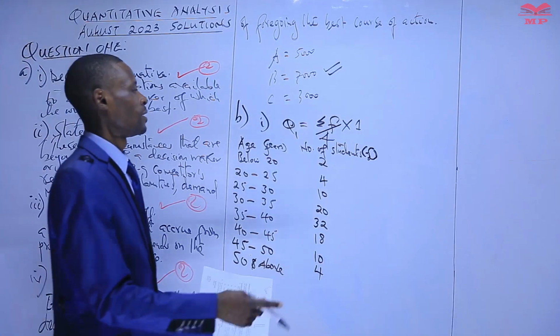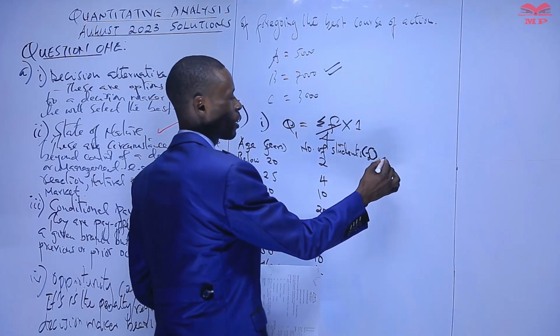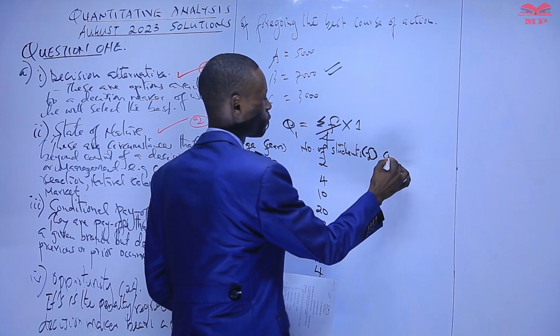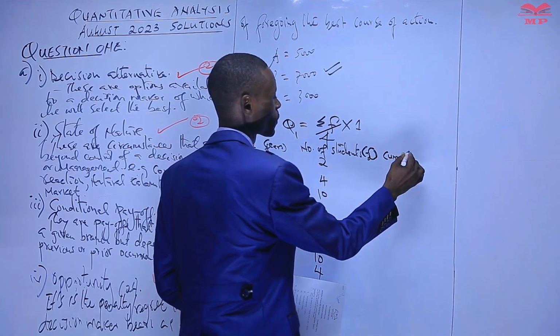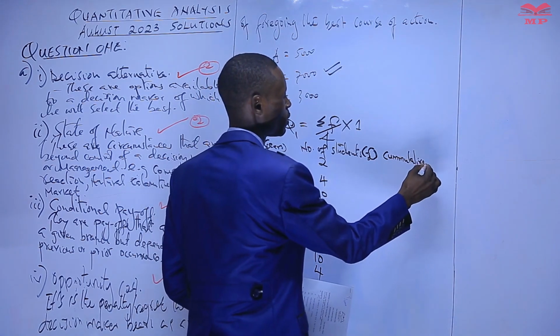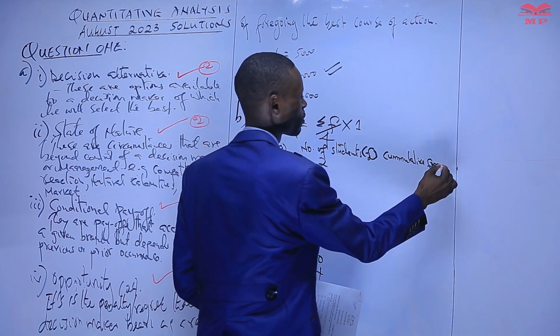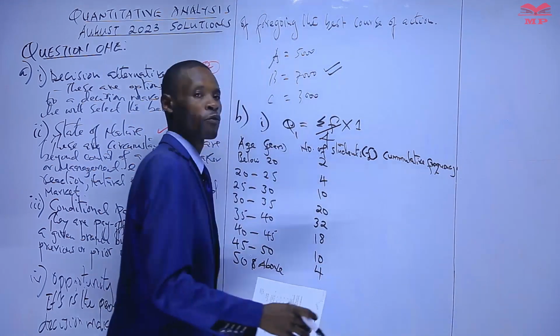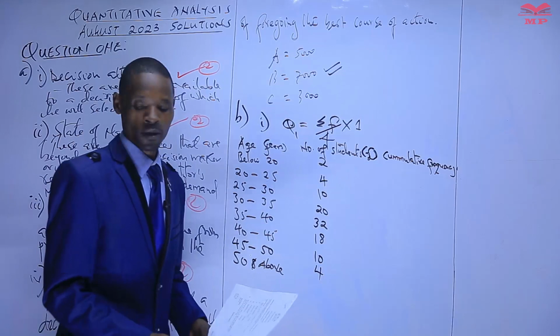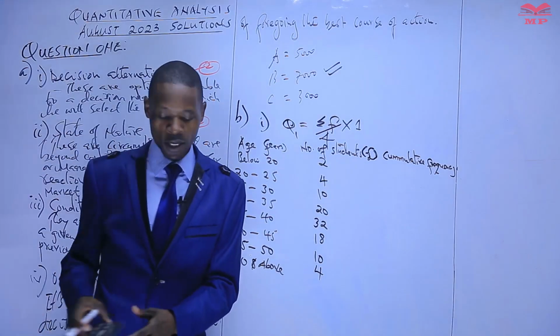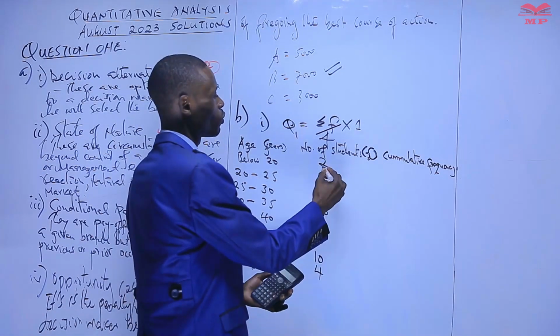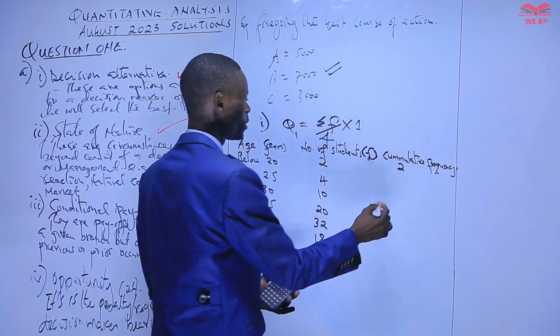All right. Now we have to have a column for cumulative frequency. So cumulative frequency, we start with the 2. That is the first one.